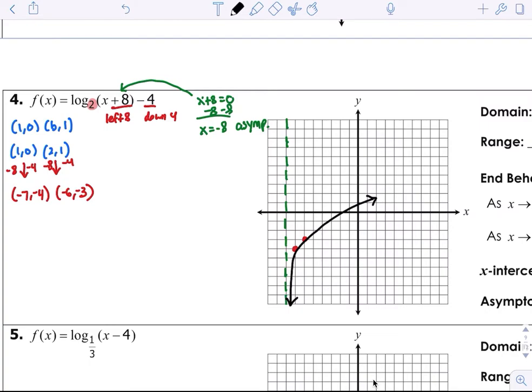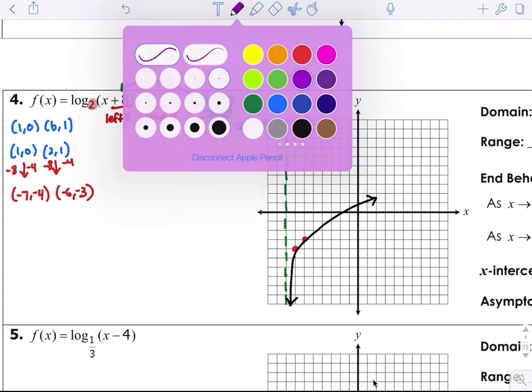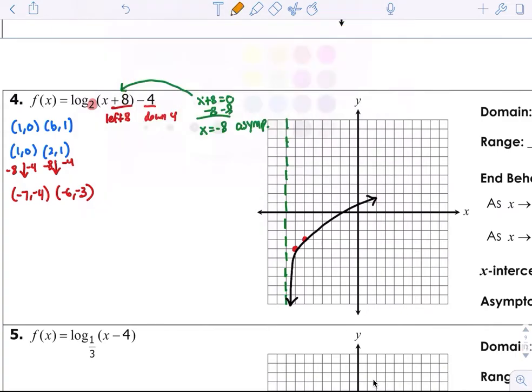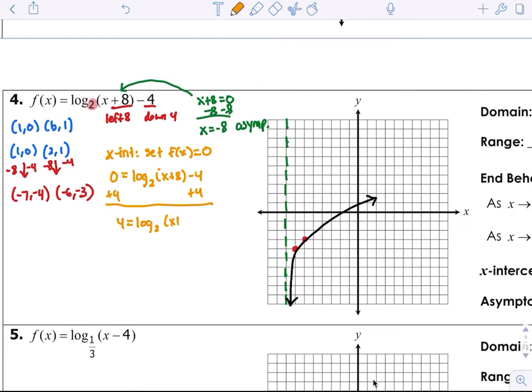All right, x-intercept time. For your x-intercept, set f of x equal to 0. So we get 0 is equal to log base 2 of x plus 8, minus 4. Solve for x, so add 4 to both sides. 4 is equal to log base 2 of x plus 8.